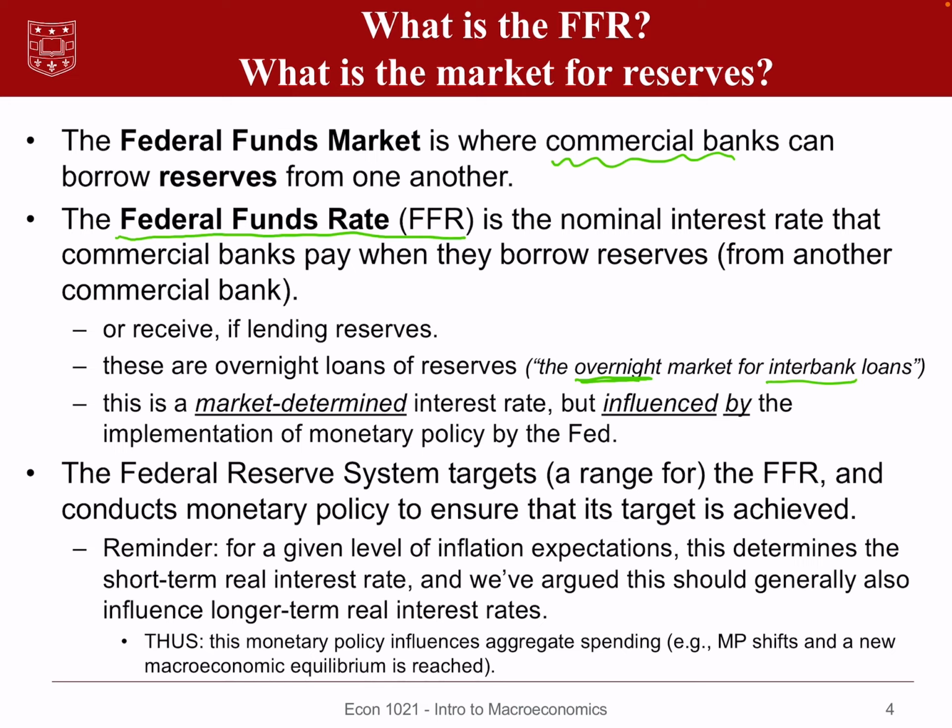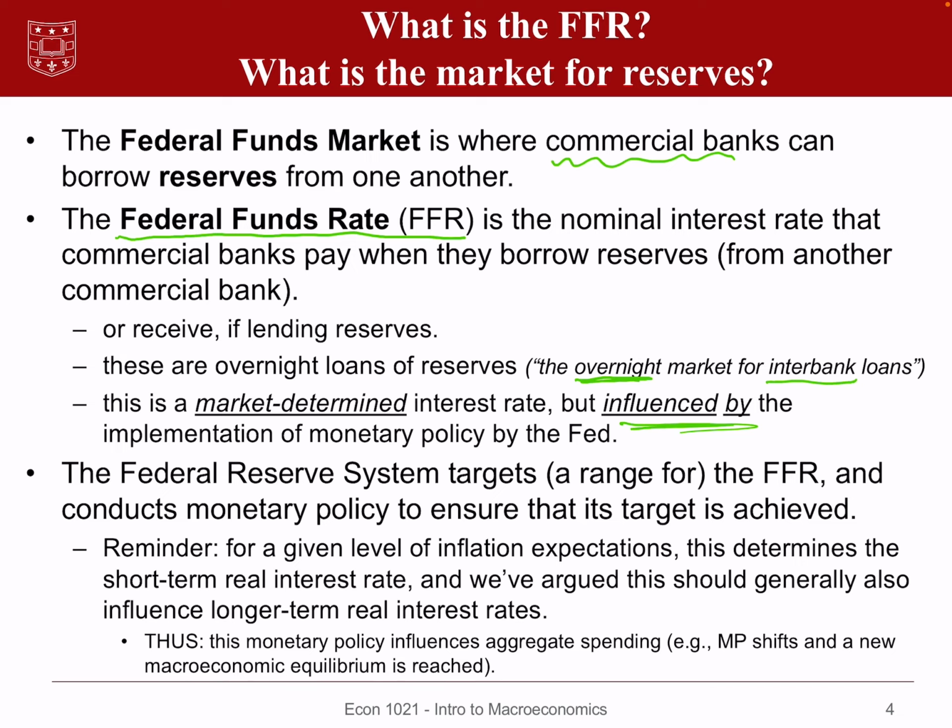So the Federal Reserve targets, and currently targets a range, but we can just say targets the Fed funds rate and conducts monetary policy to ensure that that target is achieved. And then we've already talked about in several instances what happens next. For a given level of inflation expectations, that's going to determine the short-term real interest rate. And then as the short-term real interest rate changes in an IS-MP-PC framework, you can think about the MP curve moving up or down.